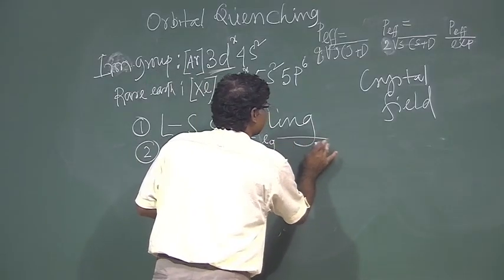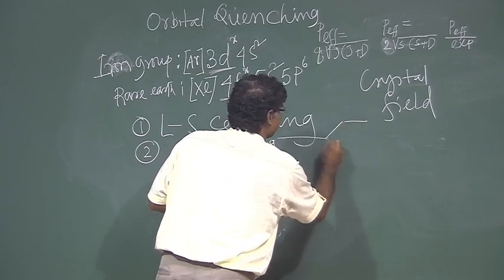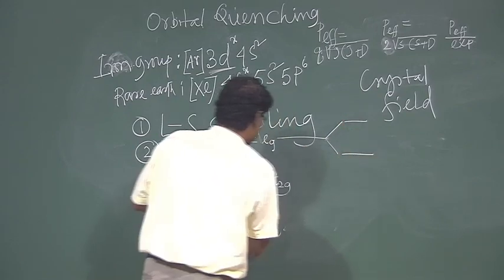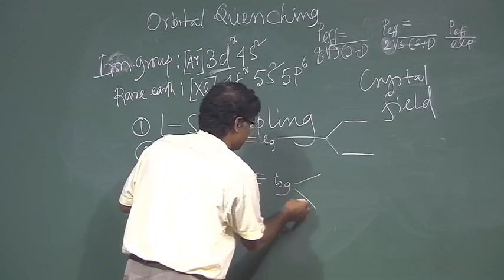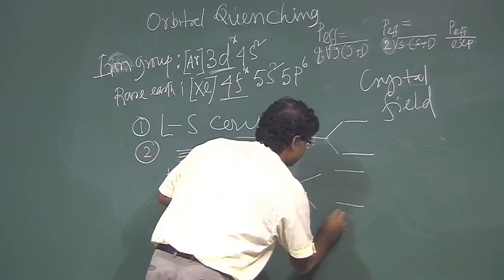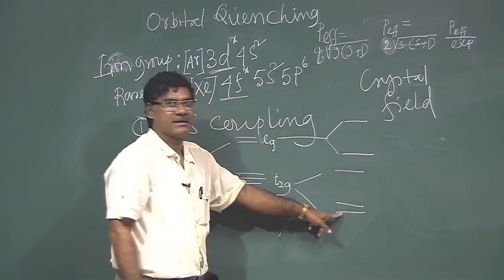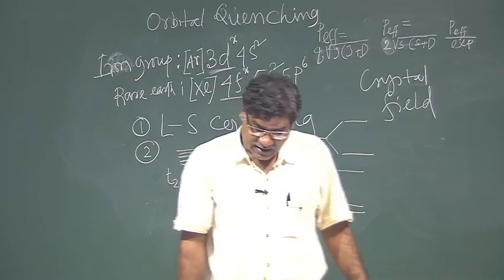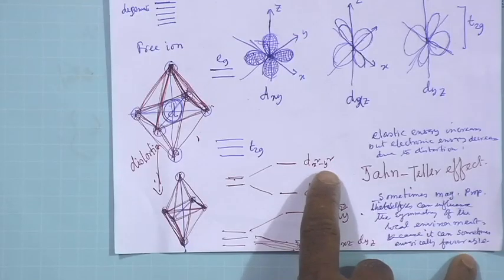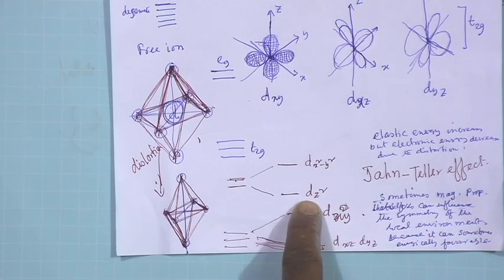In this case the degeneracy is removed, and in this case also the degeneracy is removed. Okay. Here one and here this. So, only these two are degenerate. So they are separated. Which one? This one I have written dx square minus y square, and dz square.